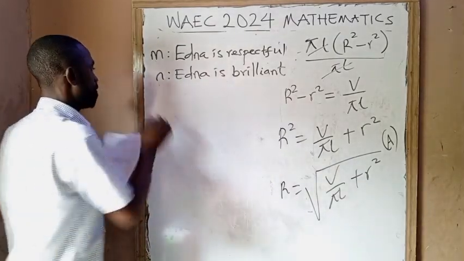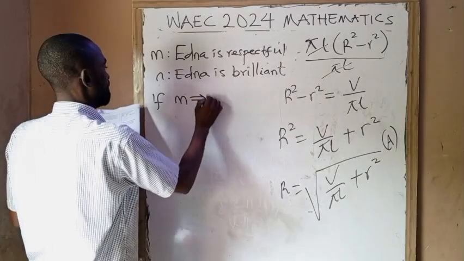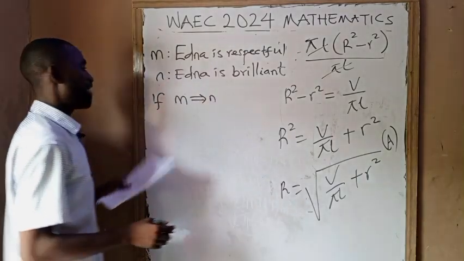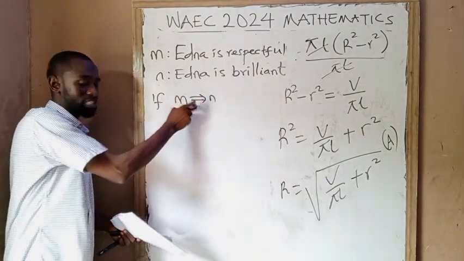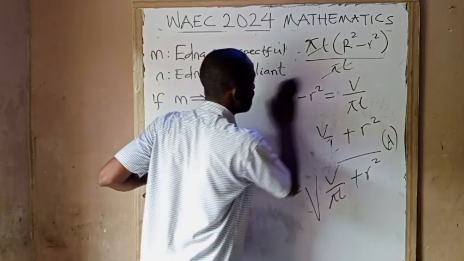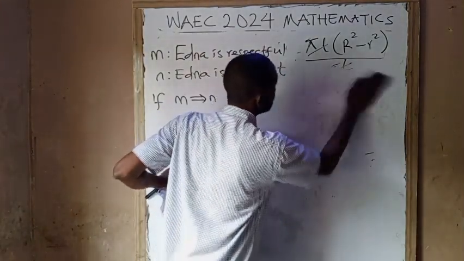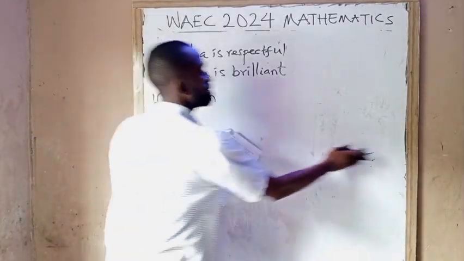Now what is this one? This is a conditional statement. So all the connectives that we have under logic, let me list the connectives out. We have conjunction, which is this.